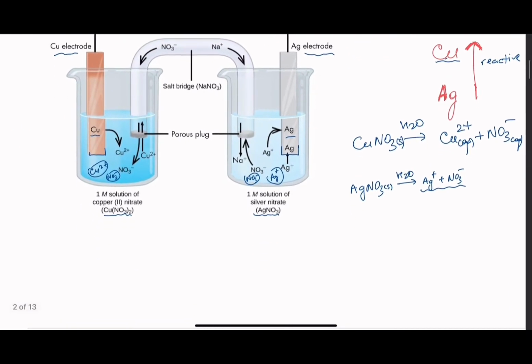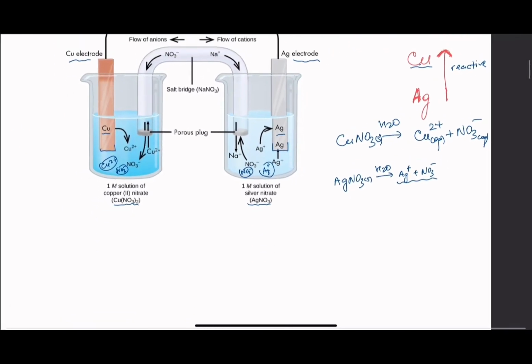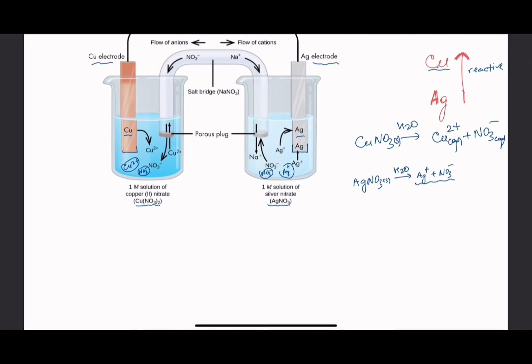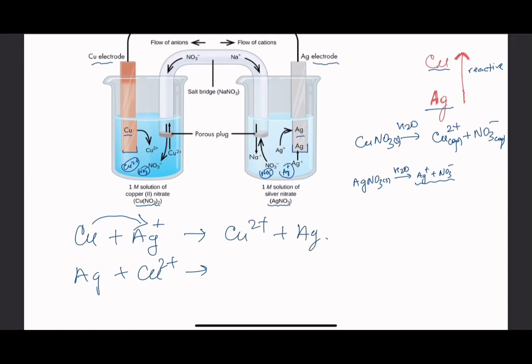Okay, so as you guys know, I can have two reactions here. One is going to be copper plus Ag+, or Ag plus copper 2+. Okay, either of the two, because it's got to be redox. And as we know, because copper is higher than silver, copper is going to reduce silver. Copper is going to become like this and make this reaction go this way.